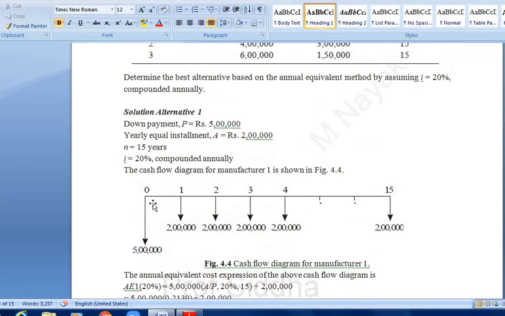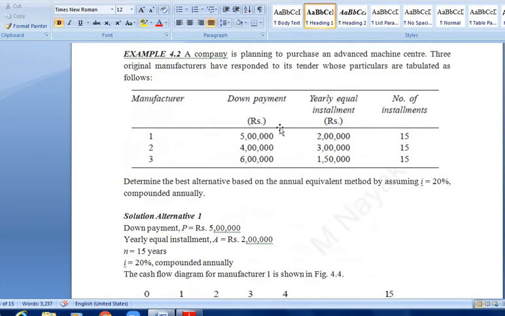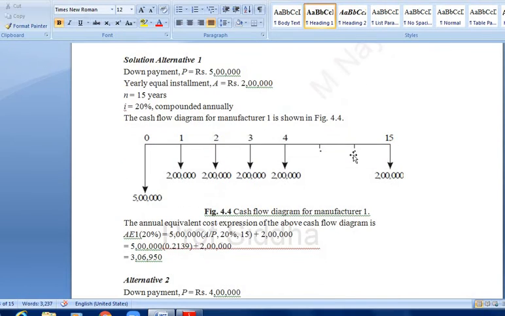Let us find the solution, which alternative is best. First, you can draw the cash flow diagram. By seeing this we can say this is completely a cost dominated problem because there are no revenues at all. So take all the costs and take the sign convention only as positive. If it is only cost dominated or only revenue dominated, take the sign as positive.